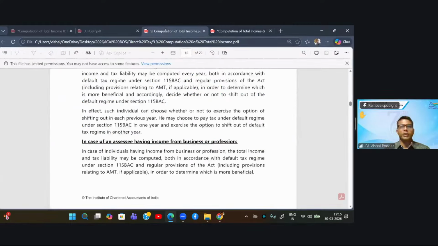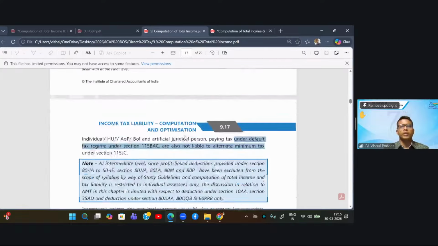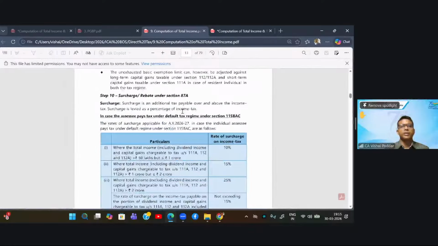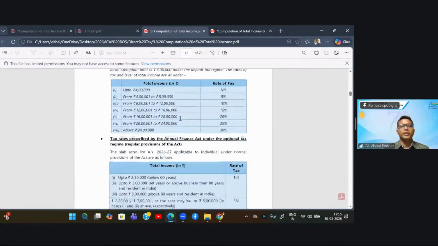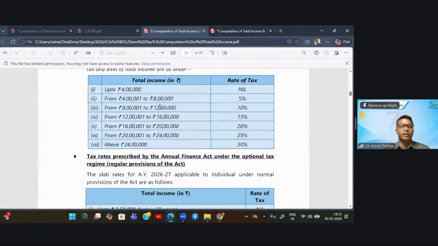Now, I'll just go back to the chapter in case anybody has missed the tax rates. So these are the tax rates, the old scheme rates and the new scheme rates. The new scheme has given the tax rate where the slabs are in multiples of 4 lakhs. So 4, 4 to 8, 8 to 12 and so on.